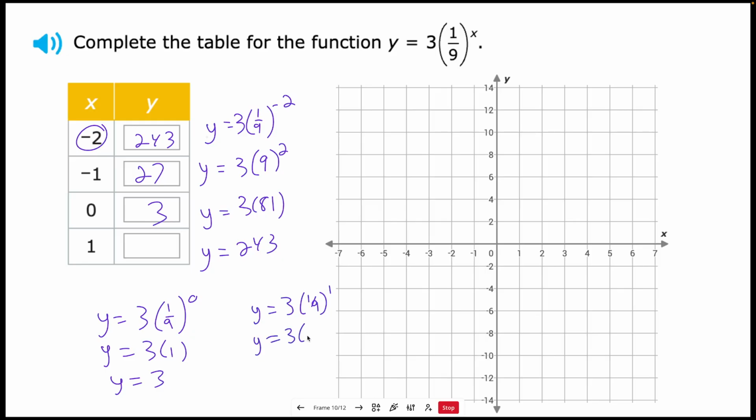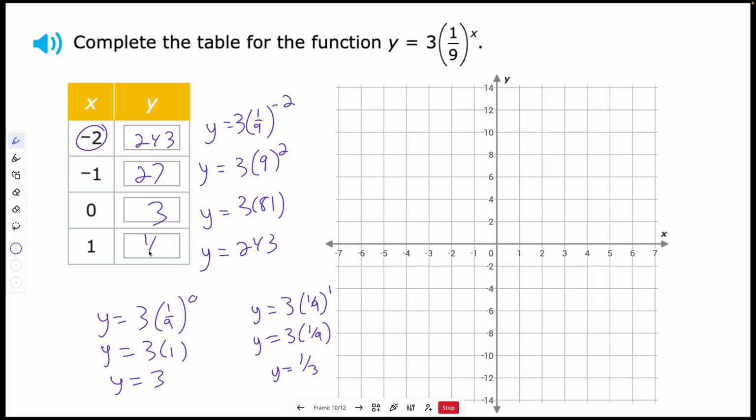So y equals 3 times 1/9, which is just y equals 3. Hold on one second, I've done something wrong. Ah, I see it. Okay. Right here, 3 times 1/9 is not 3, it is 1/3. So let's fix it in our table.